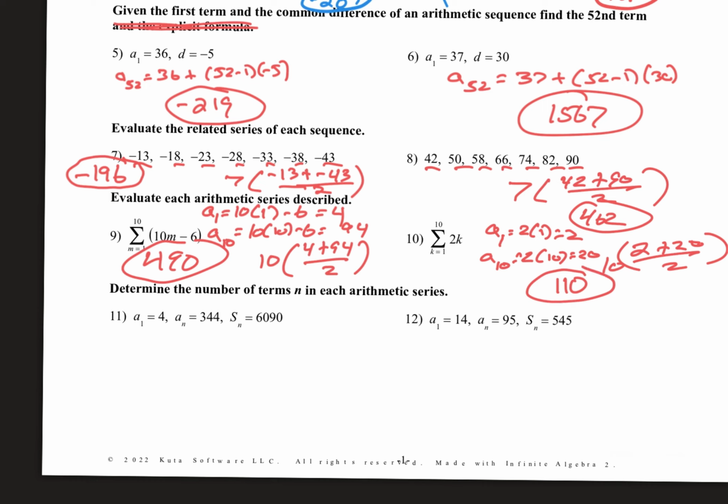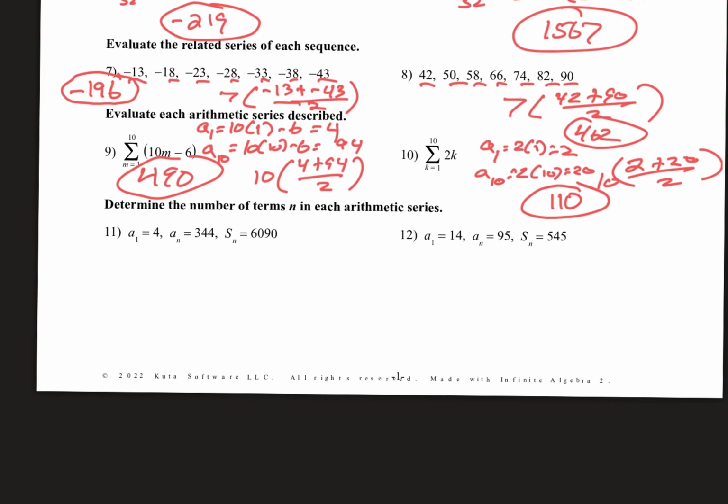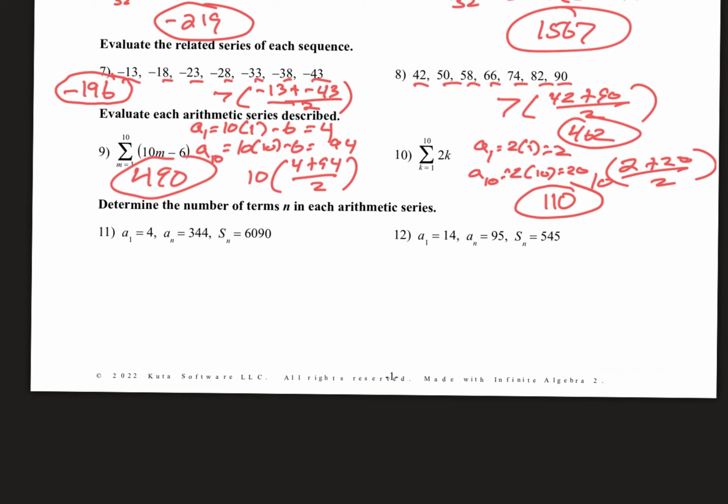Determine the number of terms n in the arithmetic series. So we're going to use a series formula. So series formula is S of n, so we know our S of n is 6,090. That's going to equal the number of terms, which is unknown, times a1 plus an divided by 2.